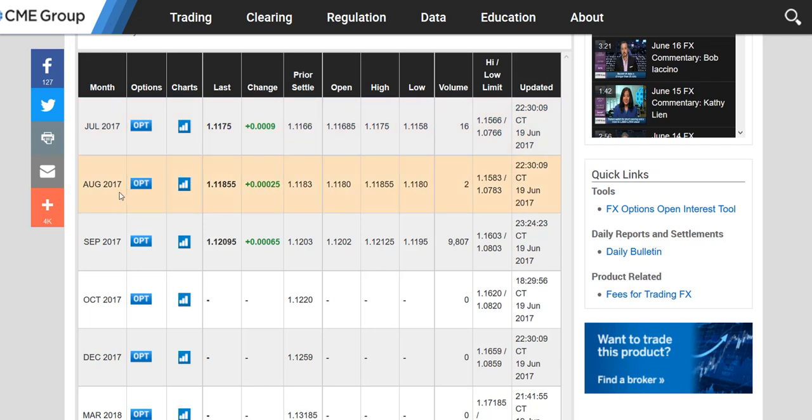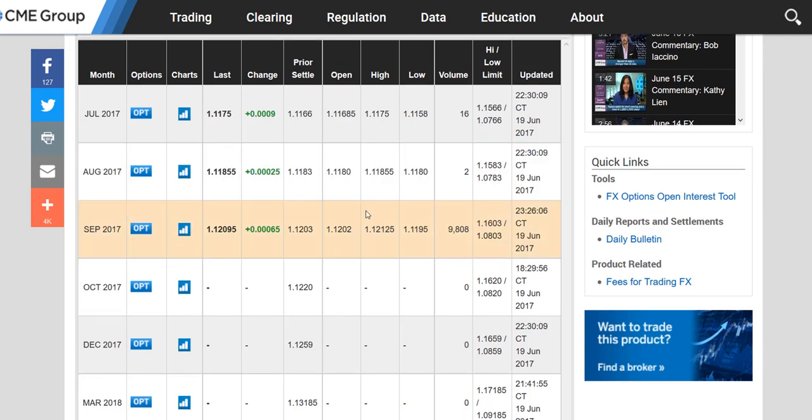Now look, for August, the quote is 1.1185, so you need to give up more dollars. And for September, 1.12. So the market expects the dollar to continue to depreciate against the euro, because you need to give up more dollars to buy 1 euro. Now on this day, there were no contracts sold for delivery in October or December, but we have data from the prior settlements.